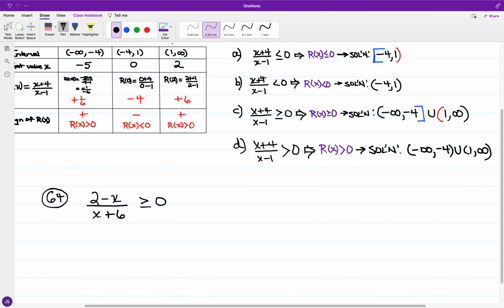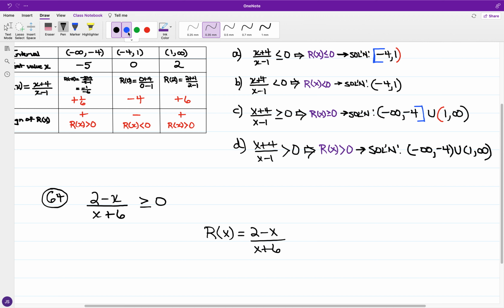And okay, so just working with what we have here. Okay, so we got the function r of x is equal to 2 minus x all over x plus 6.